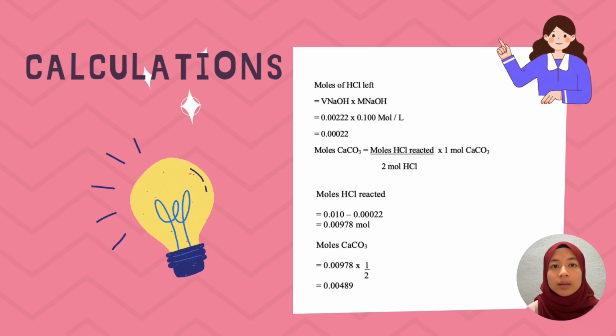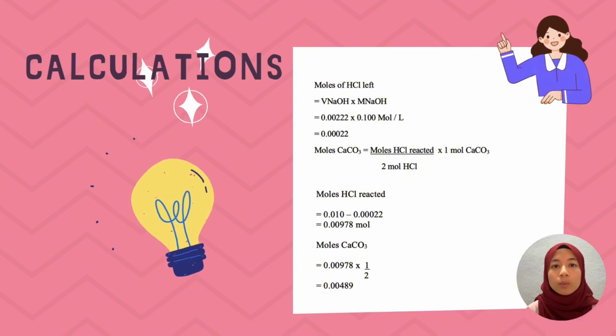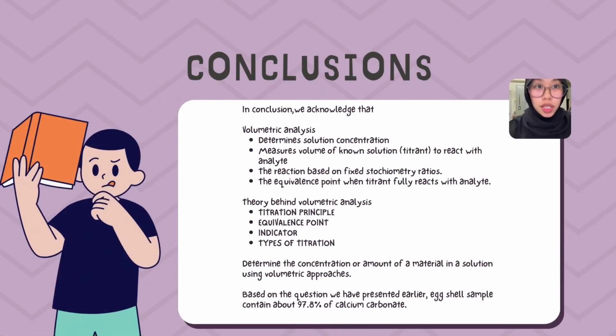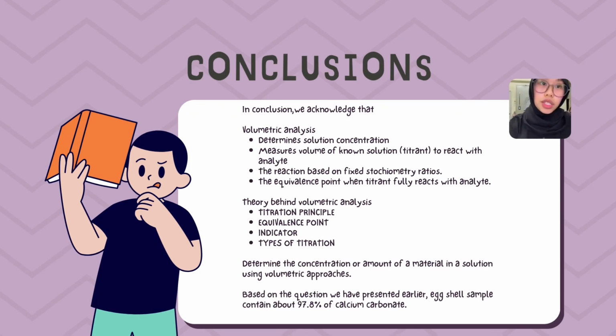Next, we can find the moles of CaCO3, which is equal to 0.00978 times 1 over 2, and we will get 0.00489. Therefore, we can calculate the percentage of CaCO3, which is equal to 0.00489 times 100 over 1 over 0.50 times 100, and we will get 97.8%.